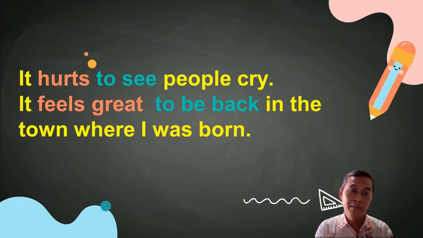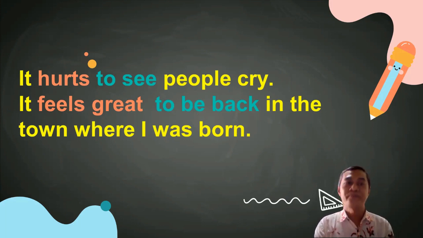Is there any difference with the previous one? So it followed by hurts. Hurts is a verb. There is no to be and there is no adjective. So we can use it directly with the verb. It hurts to see people cry.